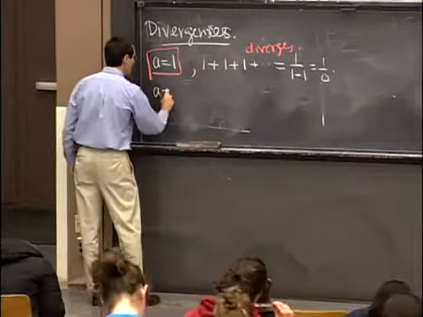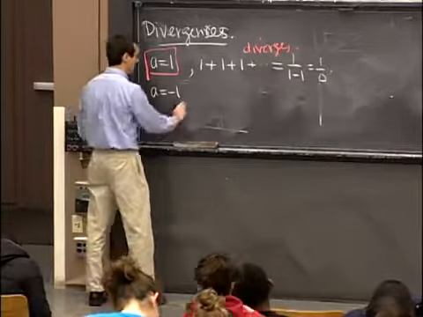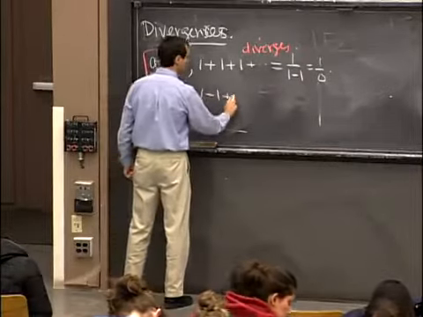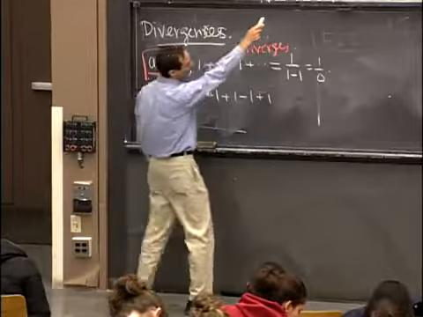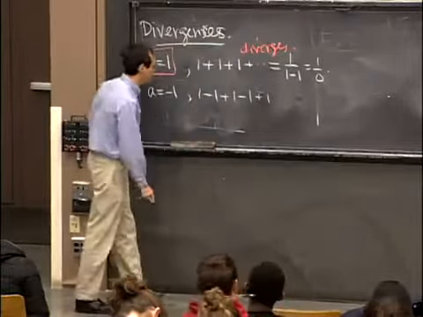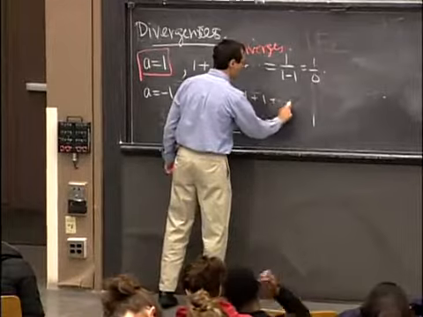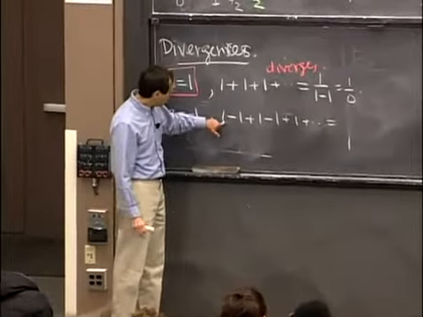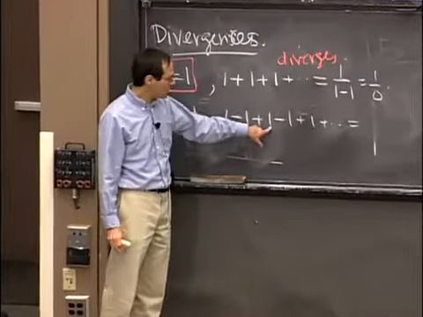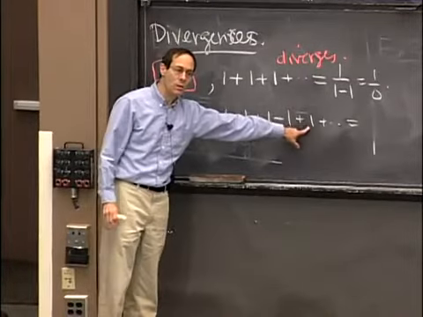Similarly, if I take a equals minus 1, I get 1 minus 1 plus 1 minus 1 plus 1, because the odd and the even powers in that formula alternate sign. And this bounces back and forth. It never settles down. It starts at 1, and then it gets down to 0, and then it goes back up to 1, down to 0, back up to 1.